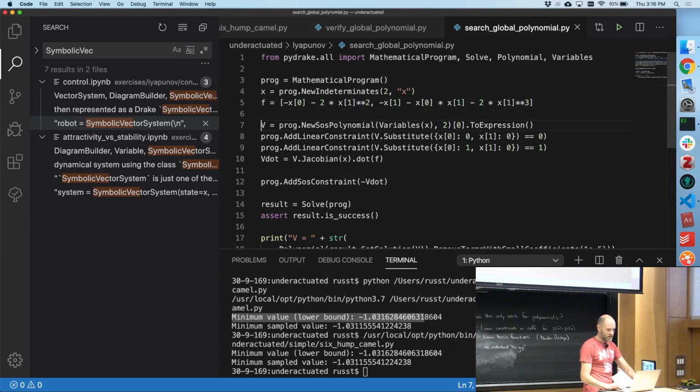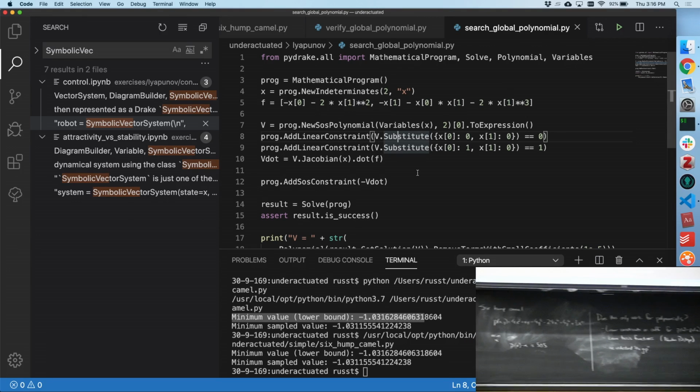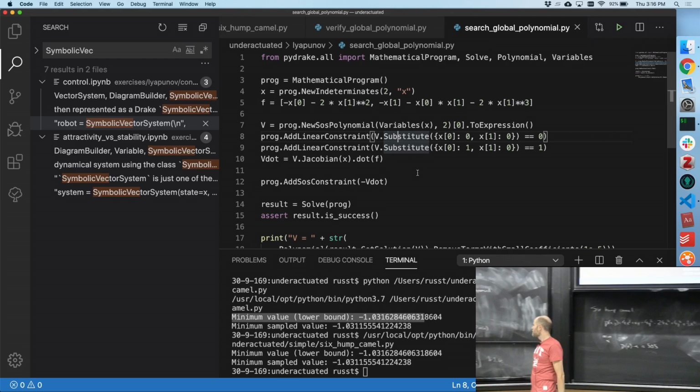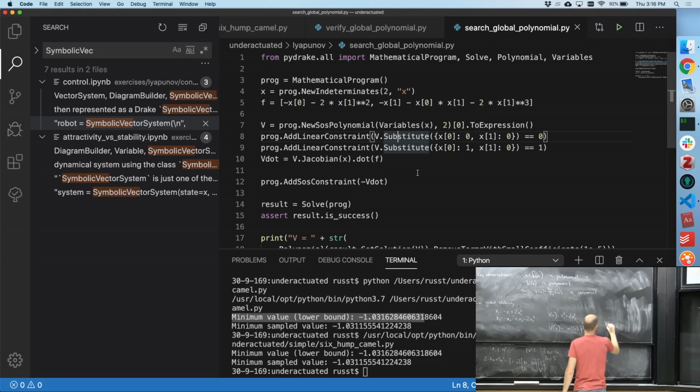I'm going to say v is now a sums of squares polynomial in those variables. Just to make it well conditioned, I add a constraint, because there's too much freedom in this, right? It could find a v that's infinity, or it could find a v that's basically flat. So just to make things good, I'm going to say that v(0) equals 0, v(1) equals 1.